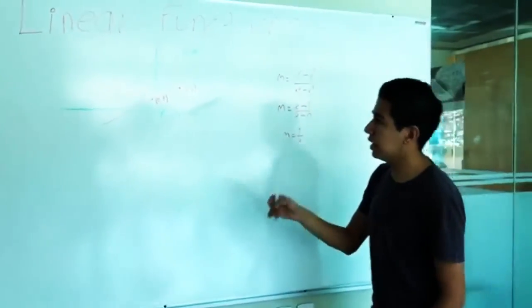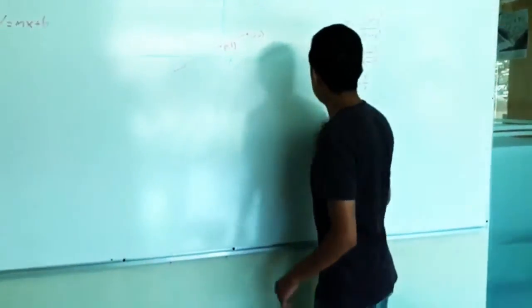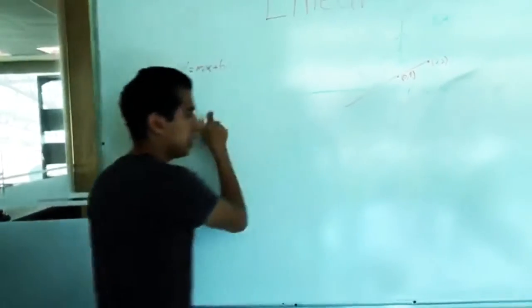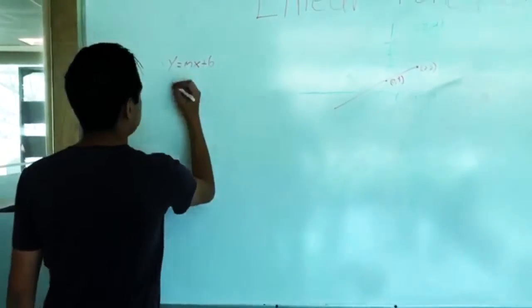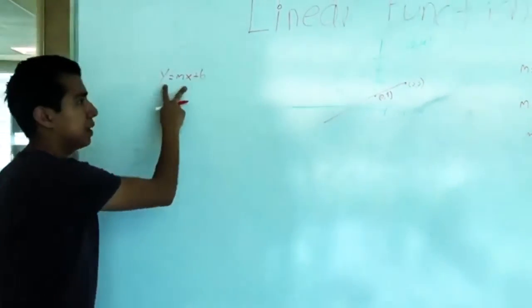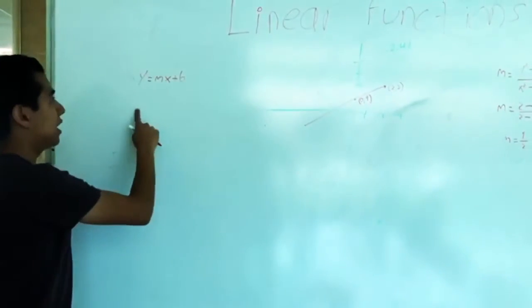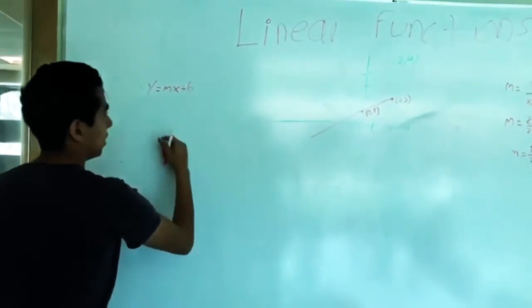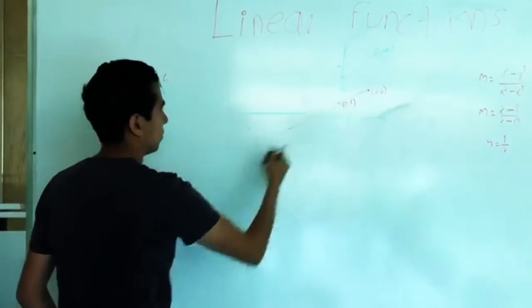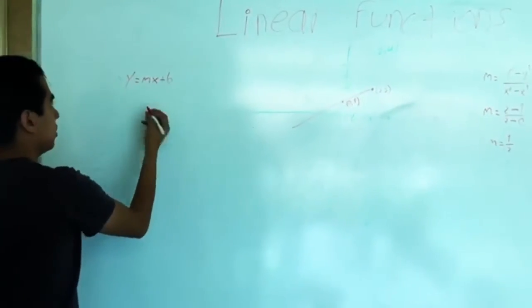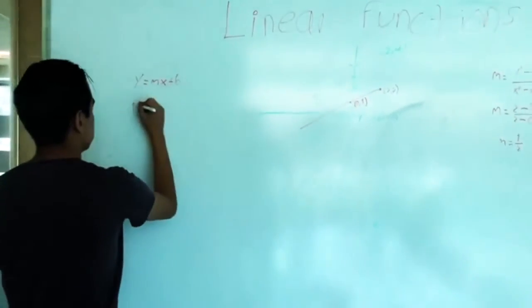So now we know this, we can make as well the substitution in this formula. We can take any of those values that are in the graph of y and x, and we can take this one, for example. We know that y equals 1.